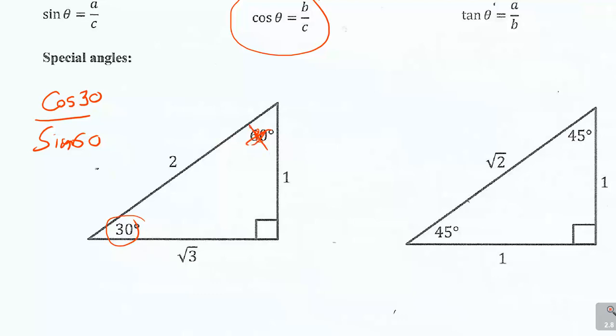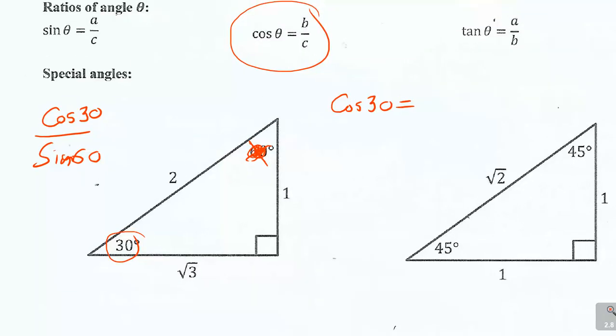So cos 30 is equal to, remember, cos is b over c. So from here I need to mark according to my SOH CAH TOA, which says cos theta is equal to adjacent over hypotenuse.